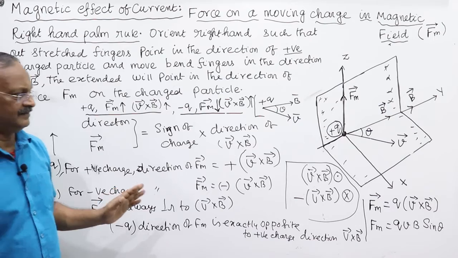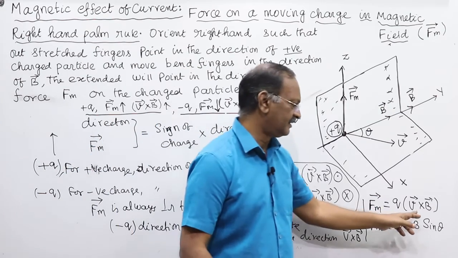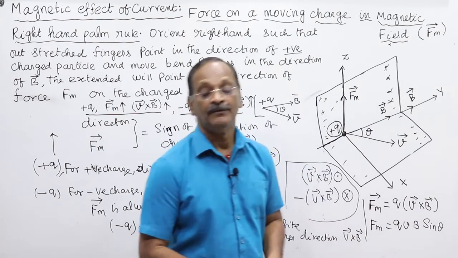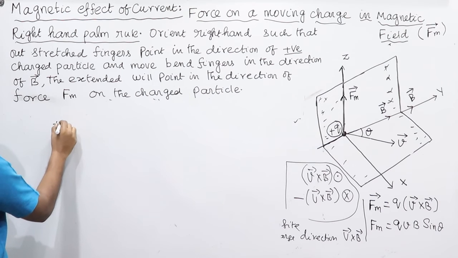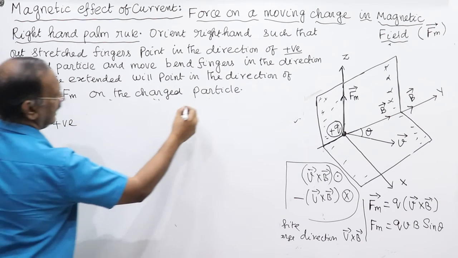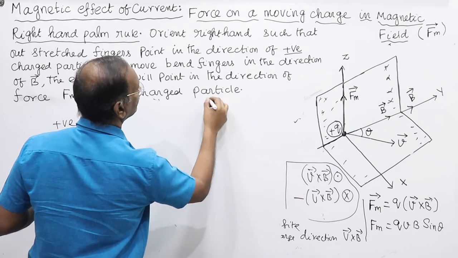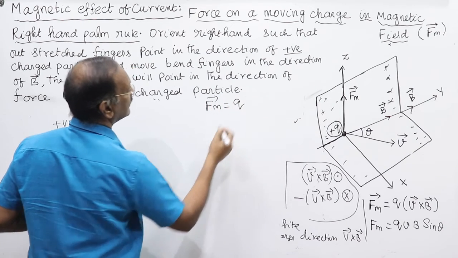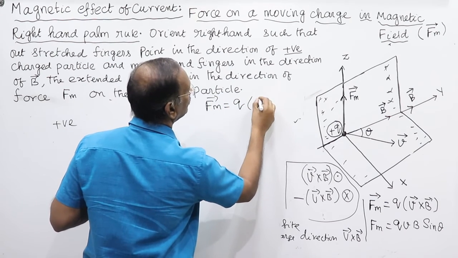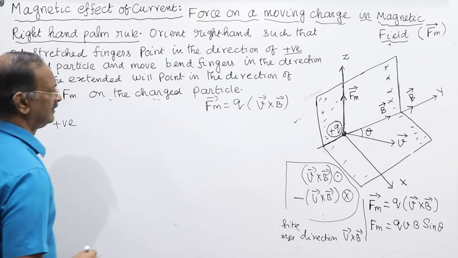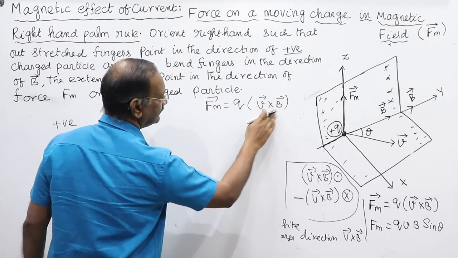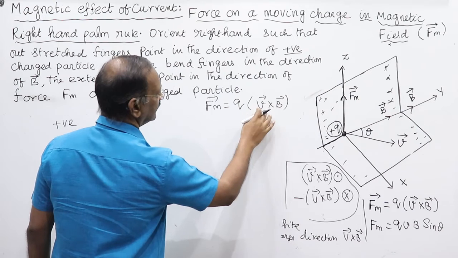Because it involves V cross B, we can simply write for positive charge, since Fm is a vector, it is equal to a scalar multiplied by the cross product of two vectors.